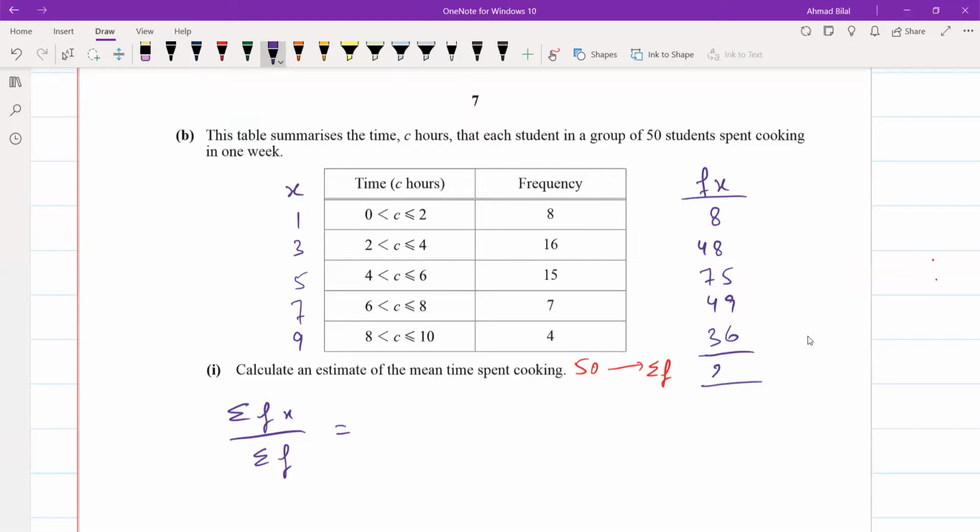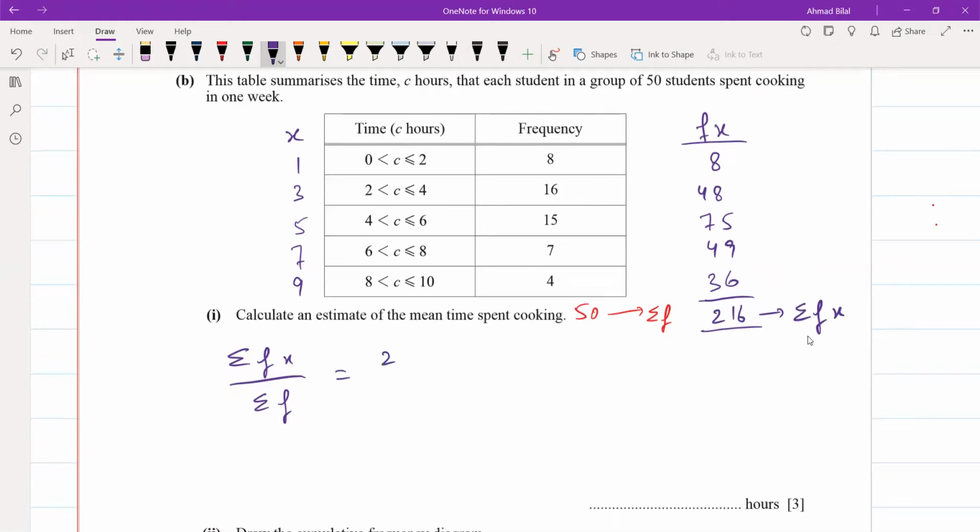Okay, so this is our sigma fx. Just input those values here. 216 divided by 50. Mean value is 4.32. Very good. So that's your mean, 4.32 hours.